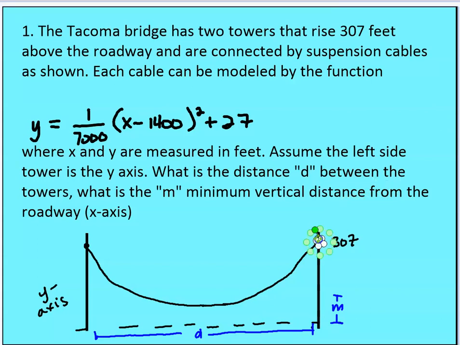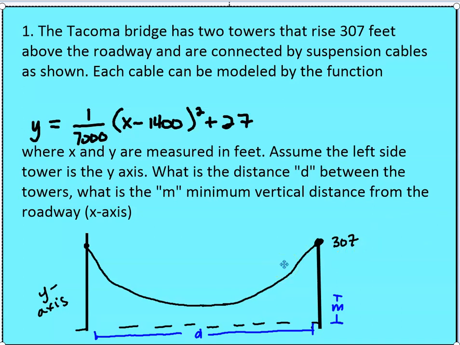I should probably lower this to 307 feet, if I can do it. So that's the idea. The height of the tower is 307 feet. Top is a cable. And I'll mess with the left-hand side later.